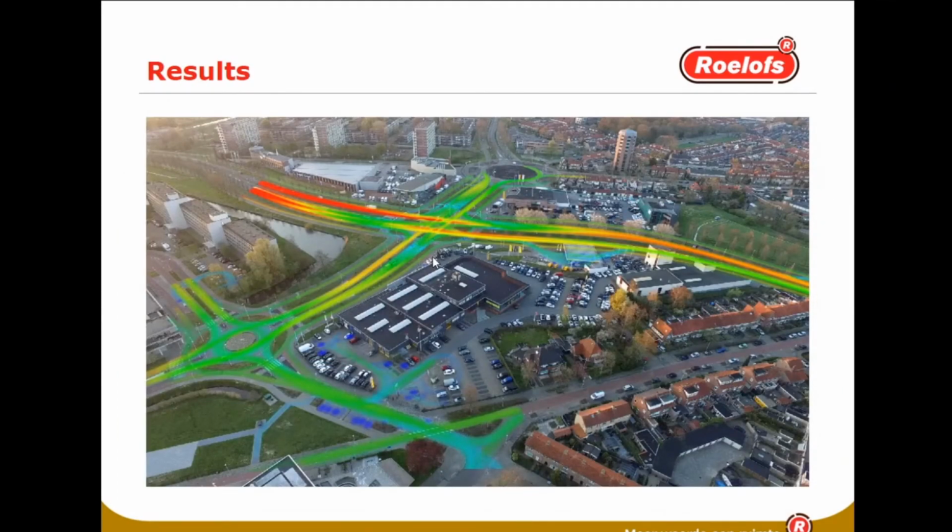Results are that you can get heat maps with speed, also number of vehicles, etc. This is an example from the section at the left, sorry, at the right from Leeuwarden, where the traffic lights already are in the 2x2 lanes. You can see for yourself how great the scope is with only one drone.